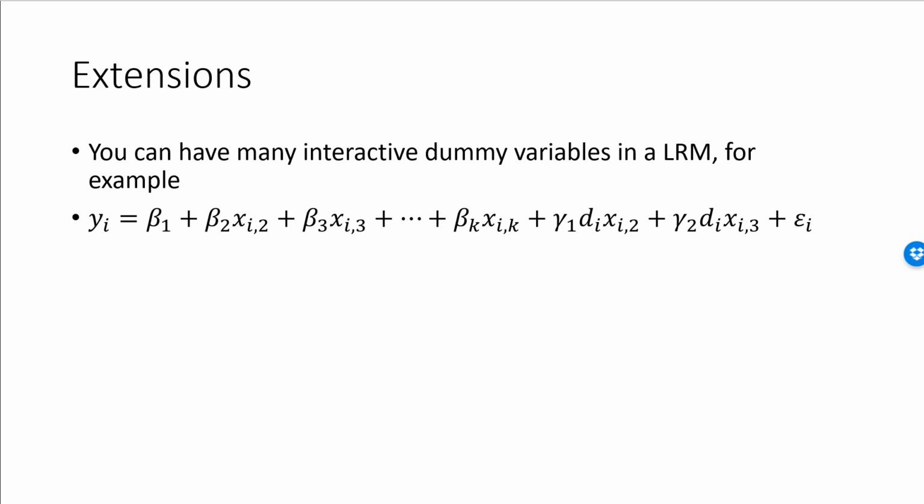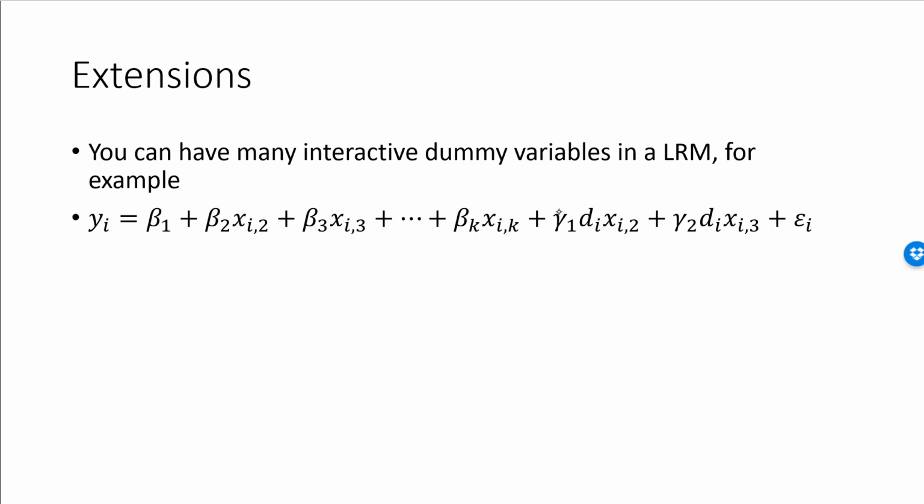Here is another example where we have two interactive dummies, one between the dummy and x2 and one between the dummy and x3. The interpretation will be very similar, namely beta 2 is the marginal effect of x2 for group 0 individuals. Beta 3 is the marginal effect of x3 for group 0 individuals. The marginal effect of x2 for group 1 individuals is beta 2 plus gamma 1.